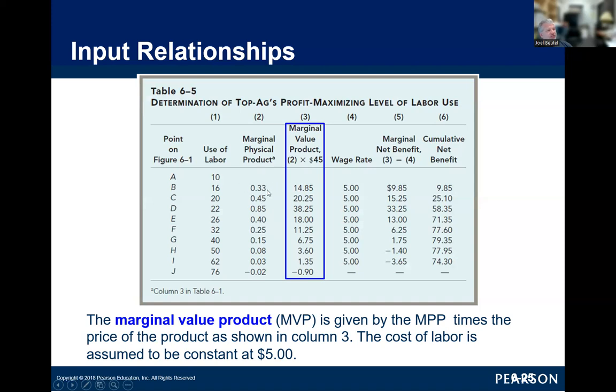So that worker is producing 0.33 units times the $45 per unit. And that means they're producing $14.85 in revenue, and they're costing you $5, right? So your revenue minus your cost, and this is our only cost in this model, right? Is this labor cost. So that's what's going on there.